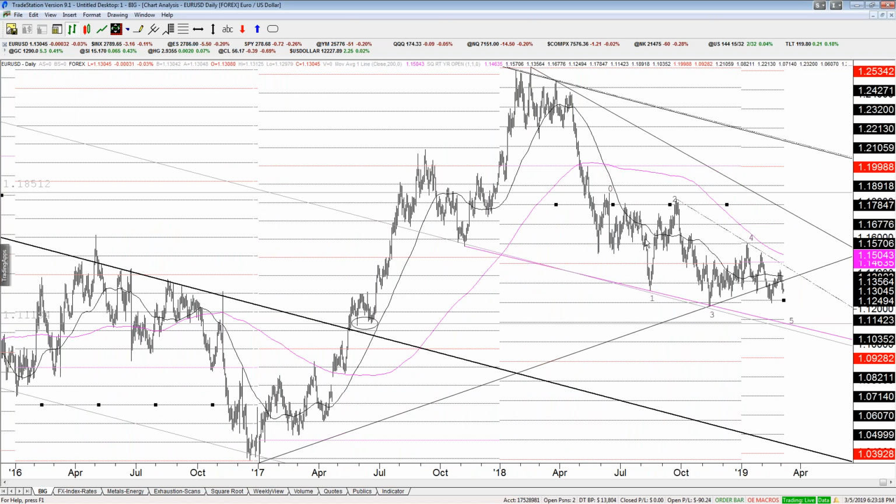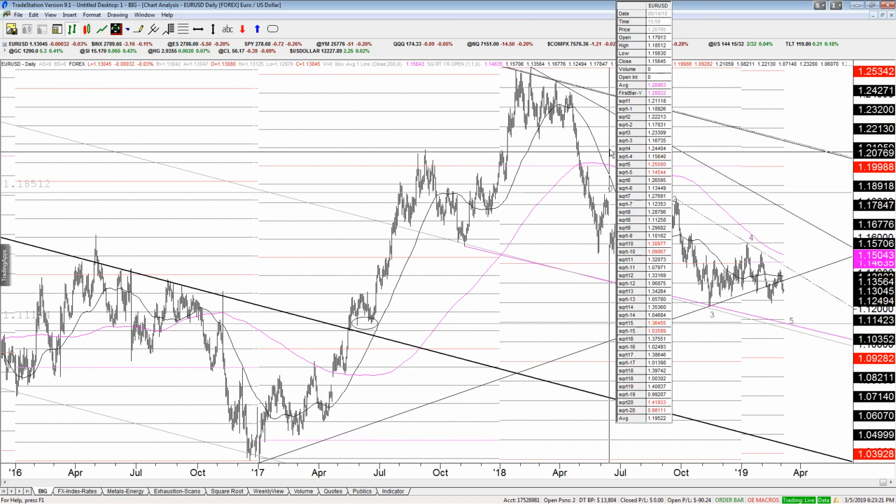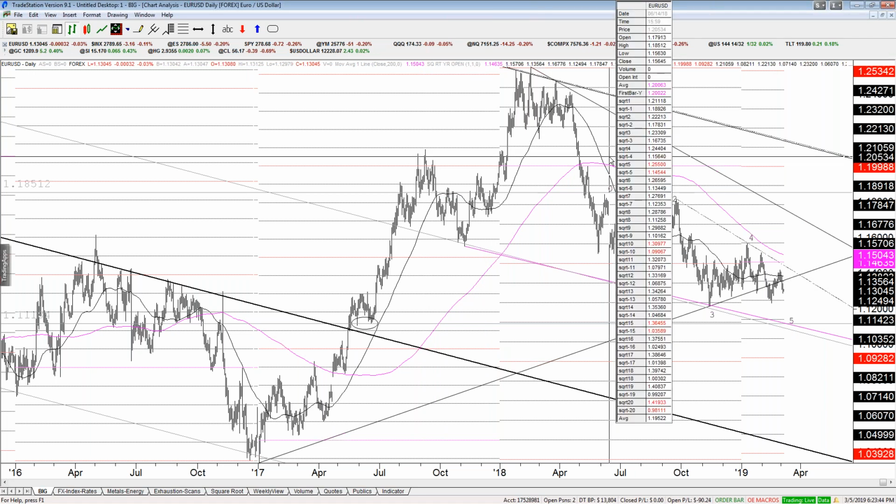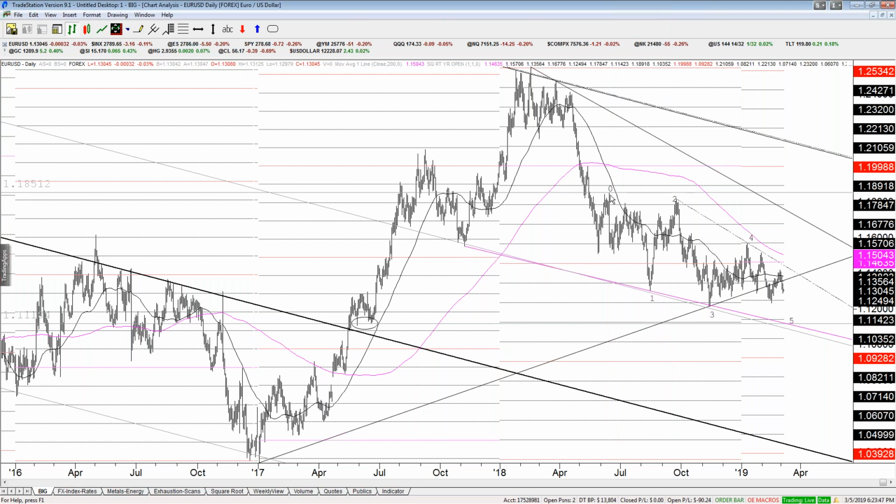What I'm wondering, and I look at patterns, especially Elliott wave patterns, in an isolated state, if that makes any sense. I'm not trying to fit everything together and say, well, back in 1970 we were in a wave 3, which means now we're in a wave B. No, to me, from this June high up here from last year, you've got a down leg, an up leg, a down leg, an up leg, and now you're going lower again. 1, 2, 3, 4, 5.